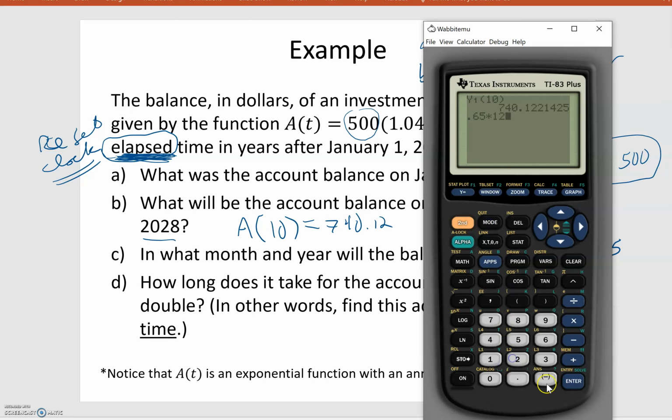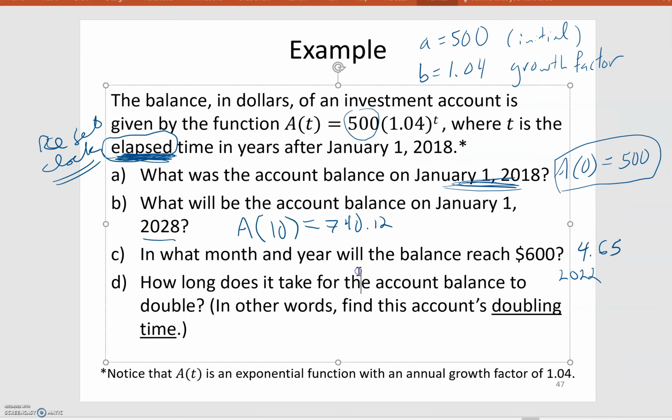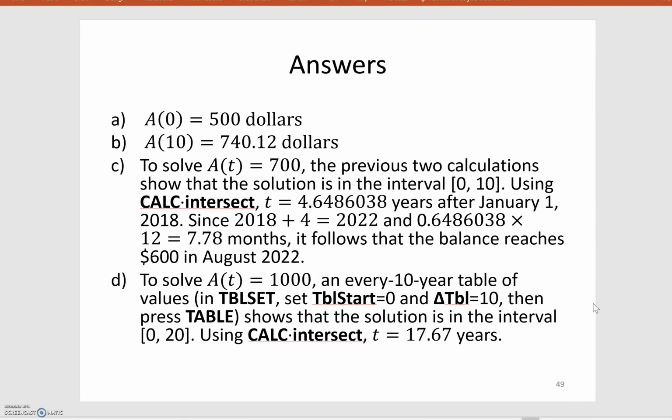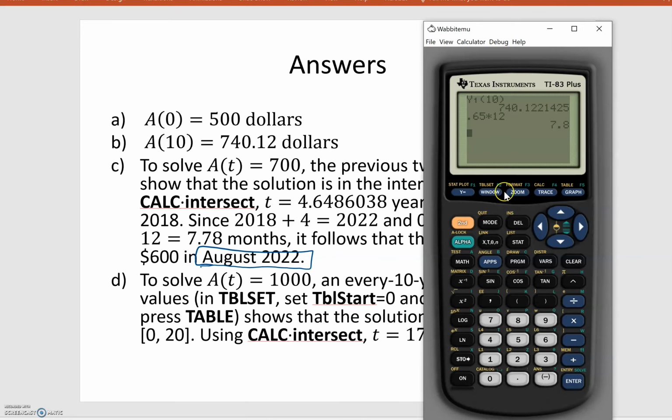I'm going to multiply that by 12, and that gives me the decimal portion of a year. So 7.8 months into the year, which is in August of 2022. So 7.8 months, August.